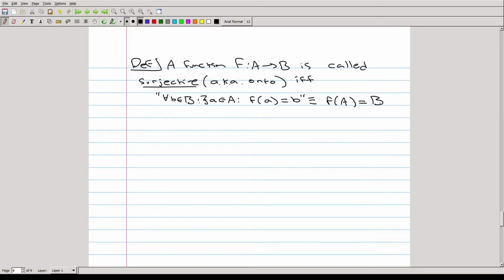These two sets are equal to one another. So a function is onto if it satisfies this property.